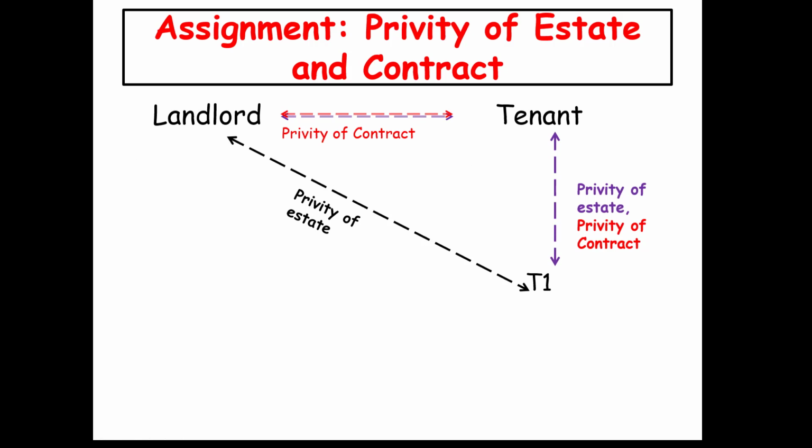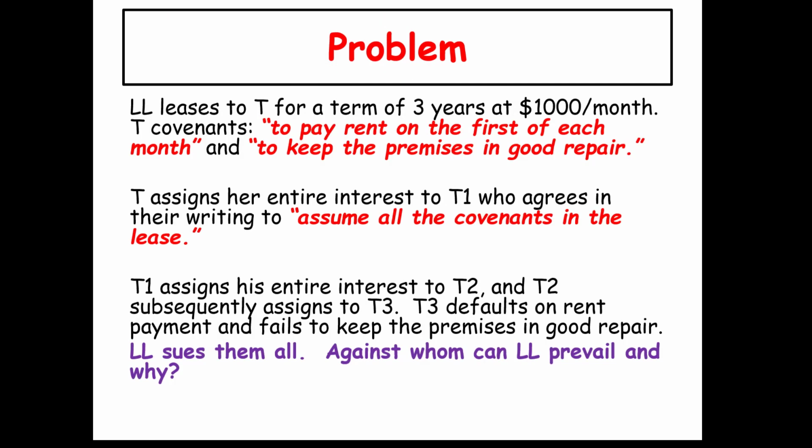Okay, so I want to show you how bizarre this can get. Let's assume that we have the same original deal between the landlord and the tenant, right, with the same covenants. And then the tenant assigns her entire interest to T1, who assumes the obligation in the original lease.